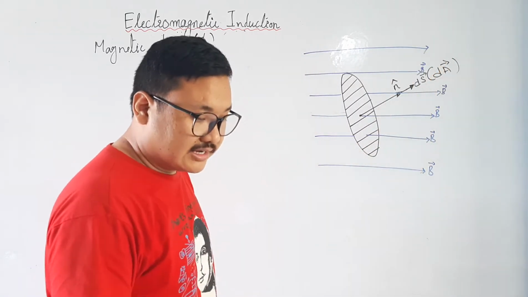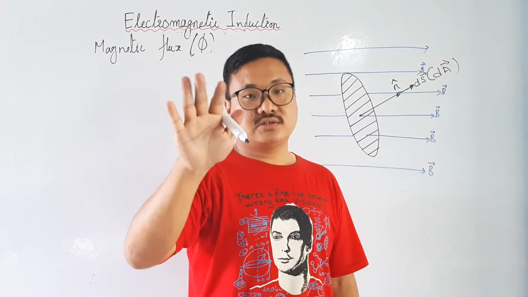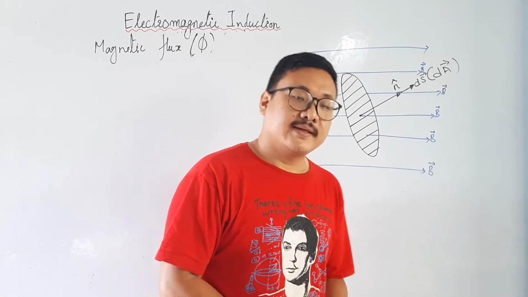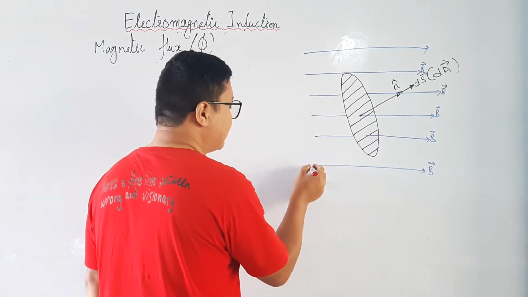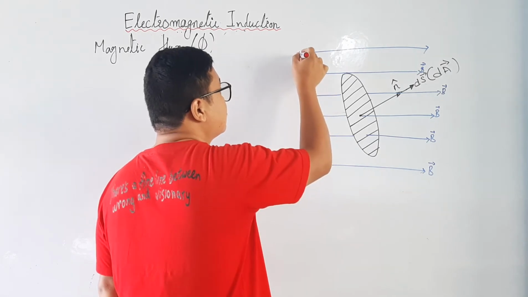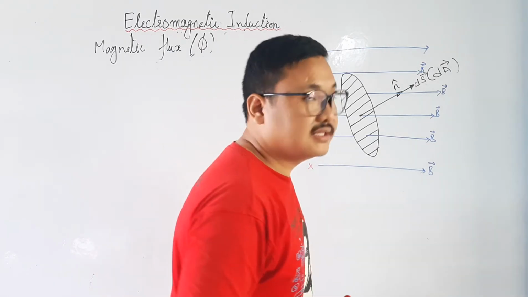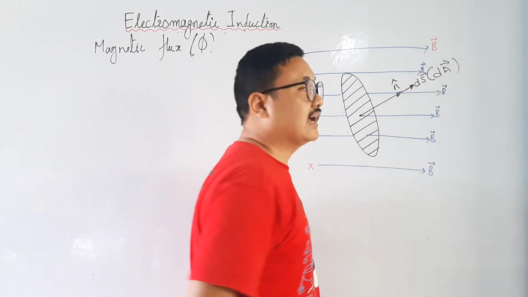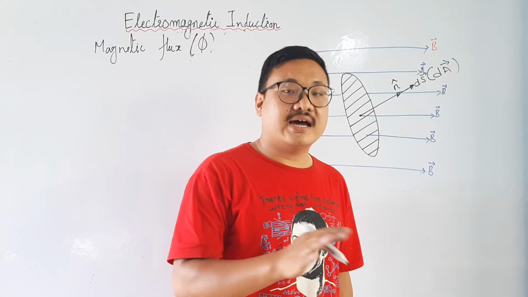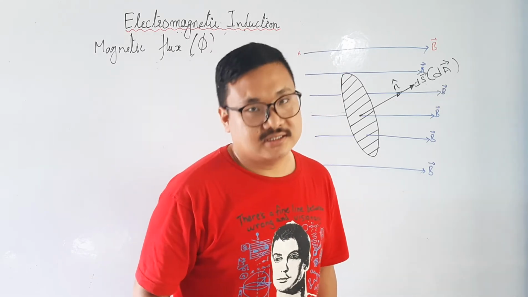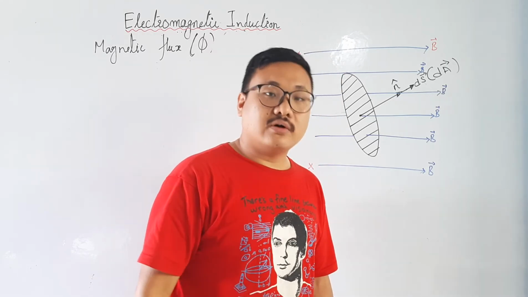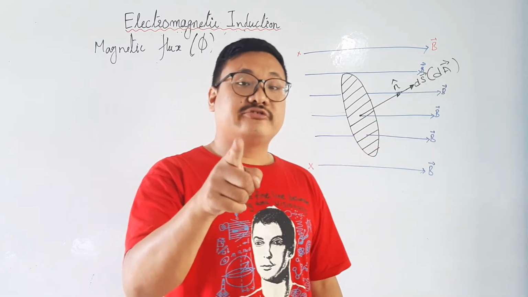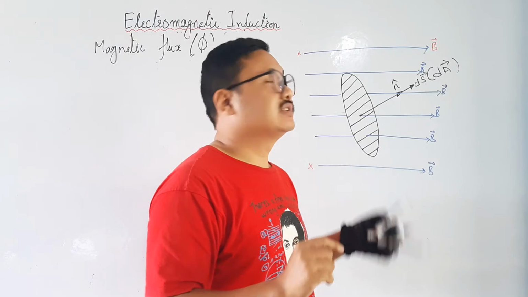From the definition, we have said the flux is the total number of magnetic field lines passing through the surface. But here, this is not passing through the surface. This is not passing through the surface. It means that we cannot say these two magnetic field lines are involved. They are not involved in the magnetic flux, because to be involved in the magnetic flux, the magnetic field lines have to pass through the surface.